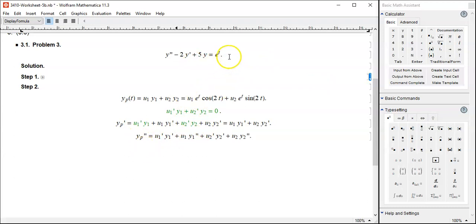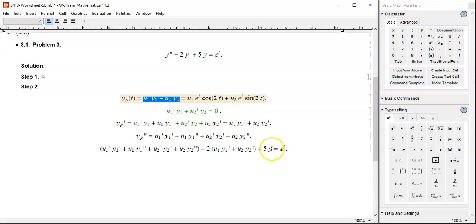So here's our equation. For this term I have to plug in this, for this one this part, and for this one it's going to be this. That equals e^t. How do we simplify that?